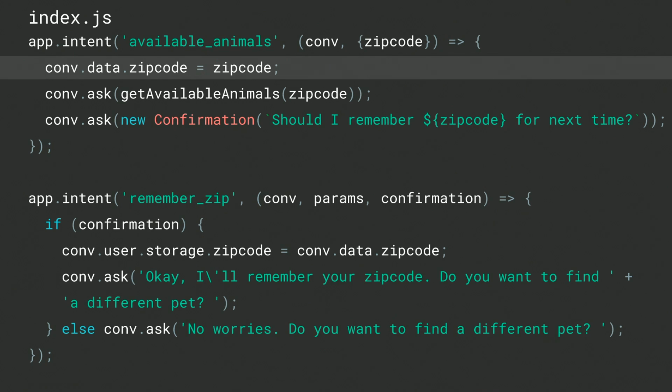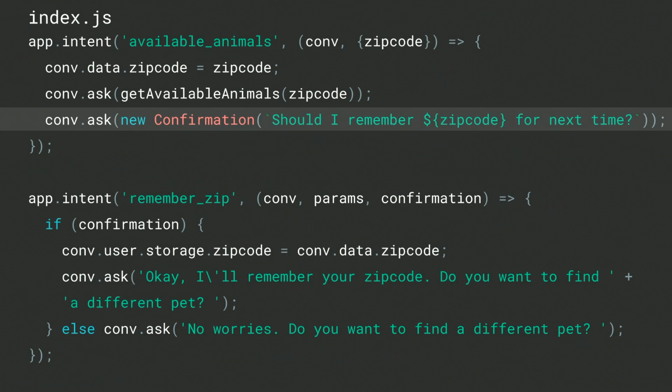And so we're going to save it here because we're going to ask the user if we want to save their zip code for later. So we're going to save it there. Then, of course, the action gives the message of the animals that they could find. And then it gives this message of, should I remember the zip code for the next time? And we're using confirmations.